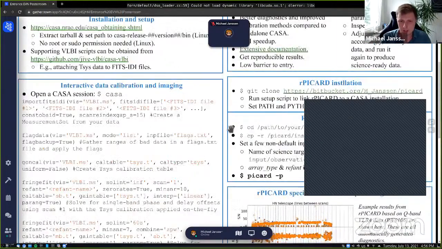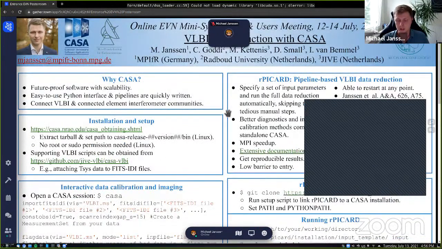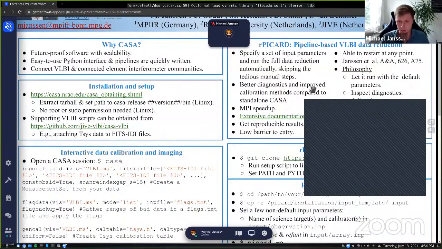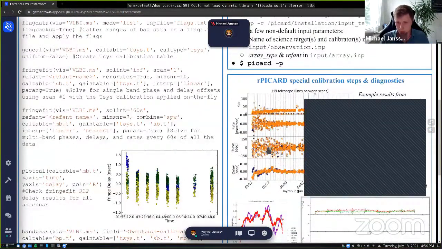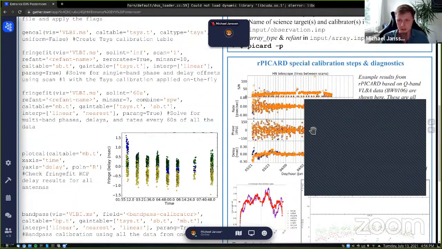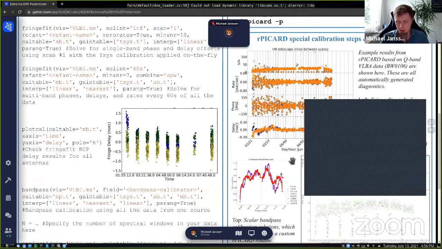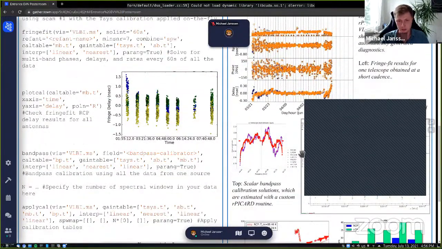On the right-hand side, I give an introduction to the CASA-based VLBI data calibration pipeline. So that's interesting for people who don't want to go through the tedious manual steps and who care about scientific reproducibility. So here's some general information, how to install it, how to run it, and the diagnostic plots produced automatically by this pipeline, highlighting here a few special calibration steps that are possible with the pipeline, but not yet with the native CASA installation.